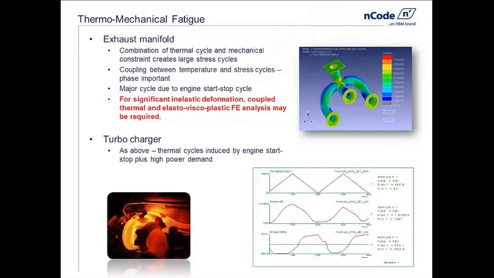The exhaust manifold, on the other hand, is rigidly bolted to the engine block, and so when it rises in temperature, it wants to expand thermally, and it's constrained from doing so. Hence, it generates thermal stresses. Two things happen. One, we have these large thermal stresses. Two, they're actually in phase with the temperature because the temperature is causing the thermal stresses. Three, we are sitting at that high stress, high temperature condition for a reasonably long period of time, and so we introduce creep as well.